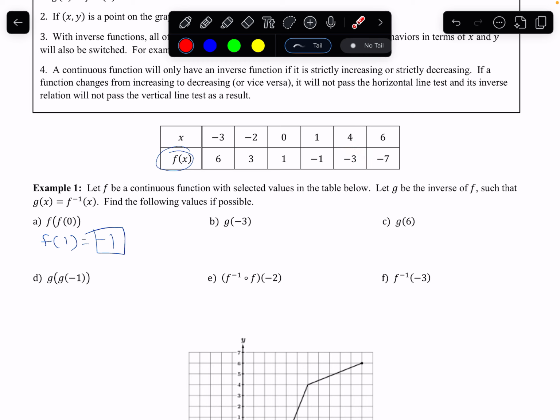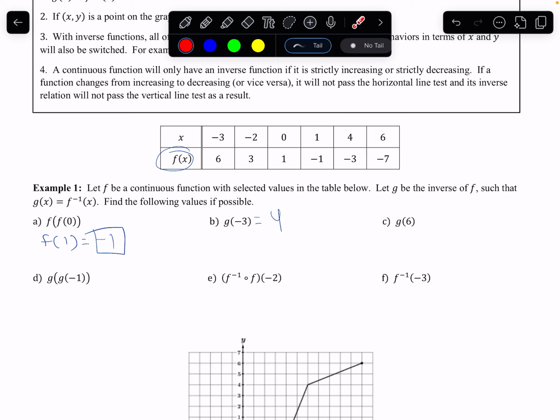So I know on the inverse, I flip these. On the inverse function, if I put a negative 3 in, a 4 comes out. Well, g is the inverse. So if I put a negative 3 in, a 4 comes out. So g of negative 3 is 4.